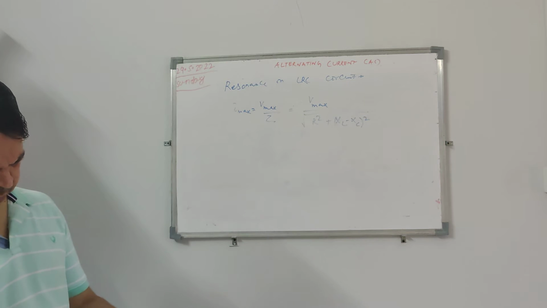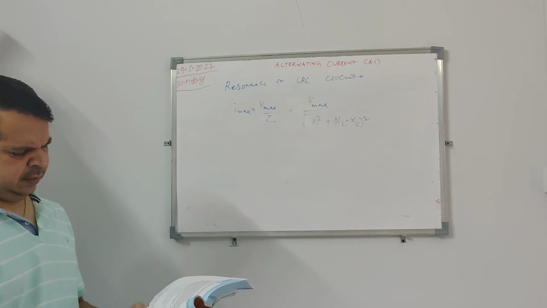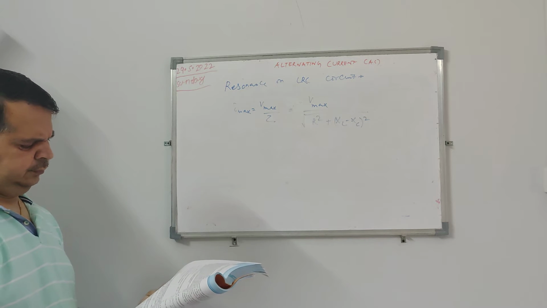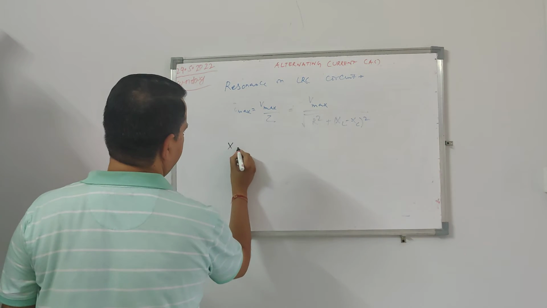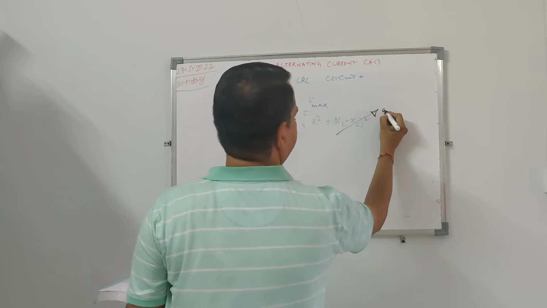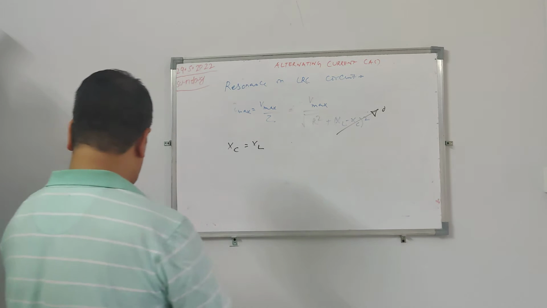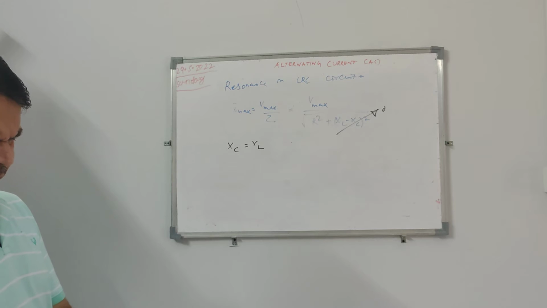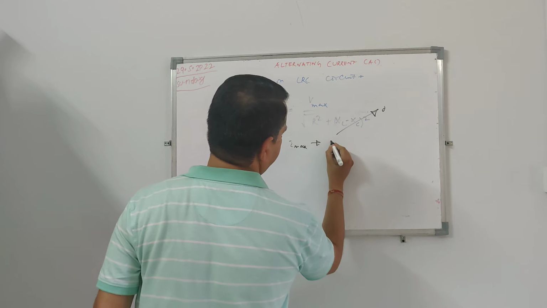When XC is equal to XL, this term will become equal to 0, and so I max will be maximum.